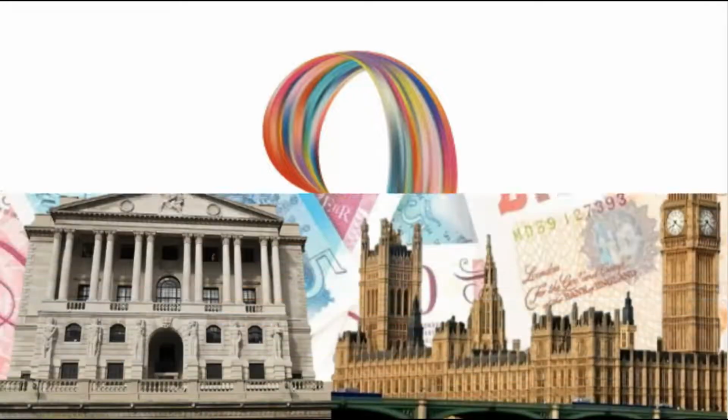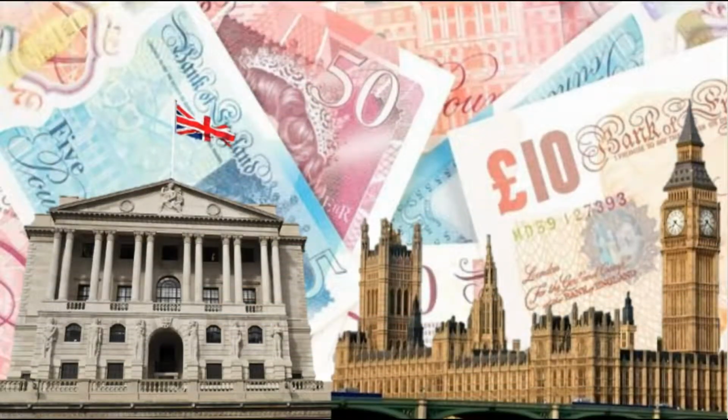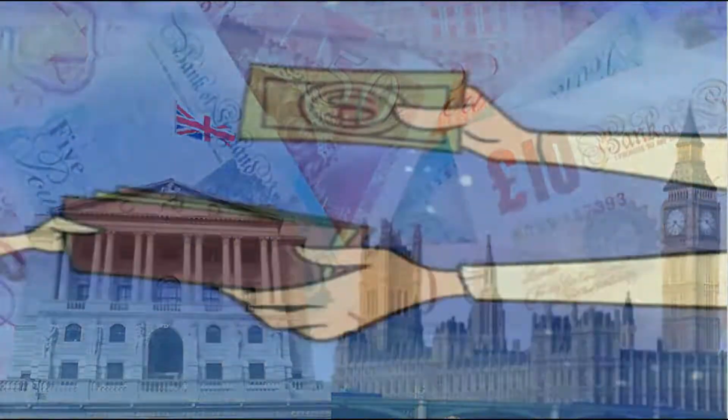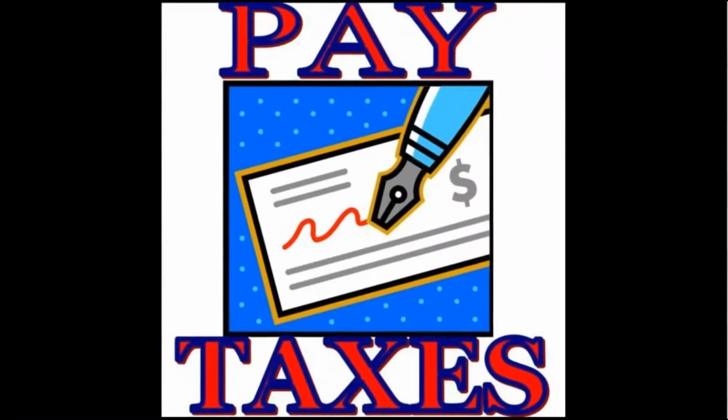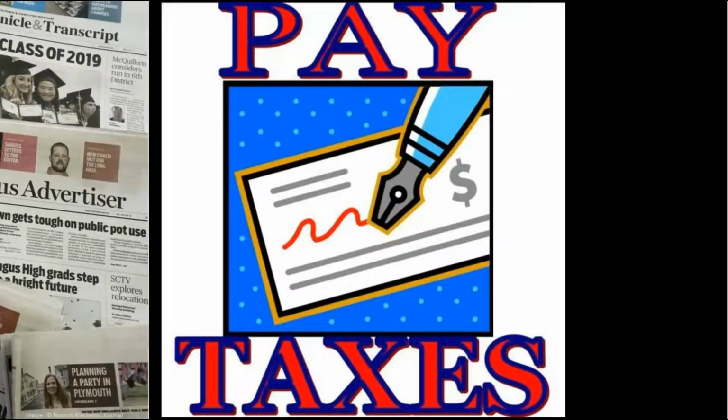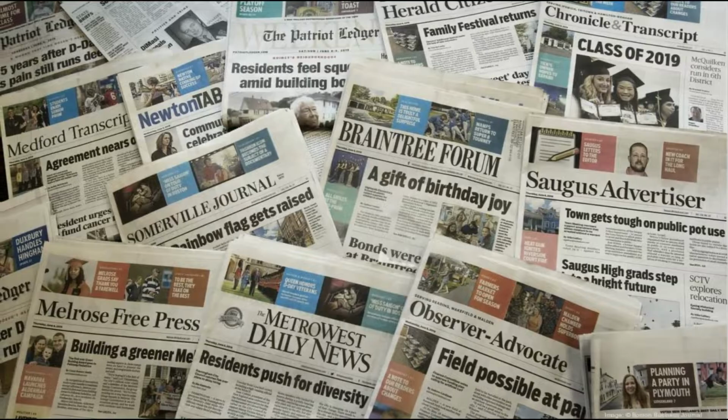As I said before, war is expensive. So how did the British government pay for the French and Indian War? Well, they taxed the colonists. The Stamp Act was the first tax that was directly imposed on the colonists. The Stamp Act was a tax on paper goods like newspapers, licenses, and legal documents.